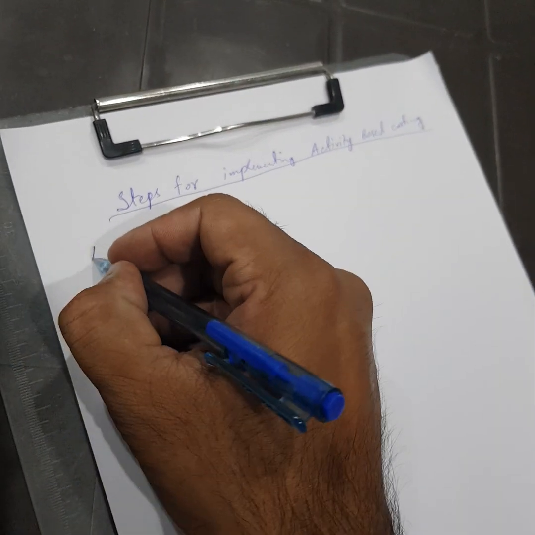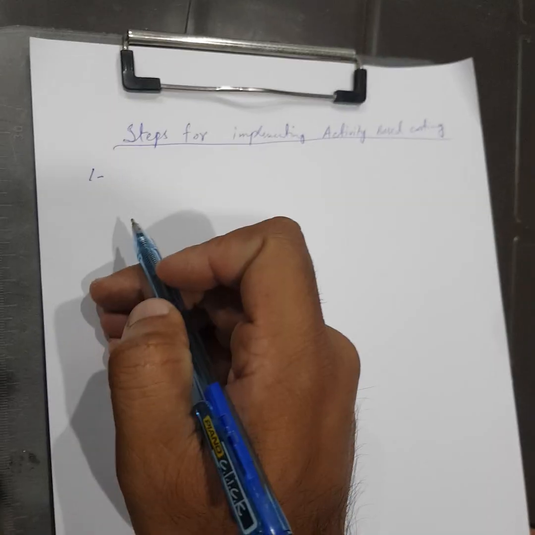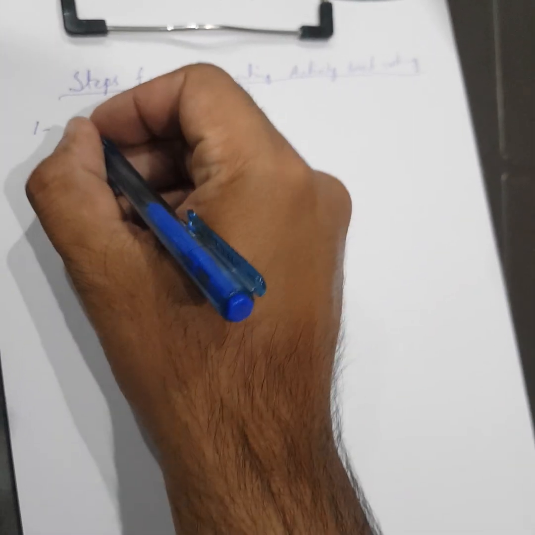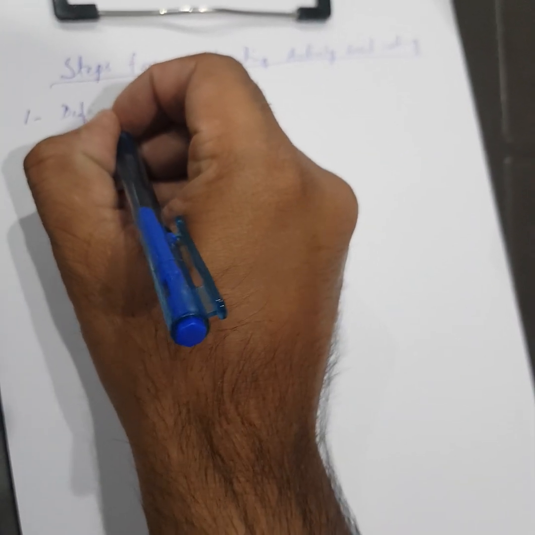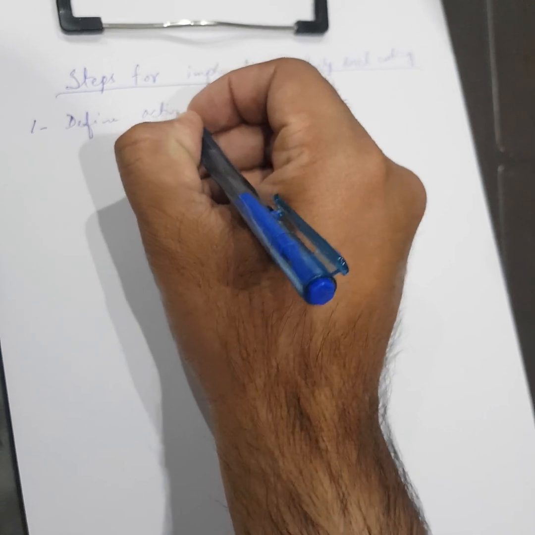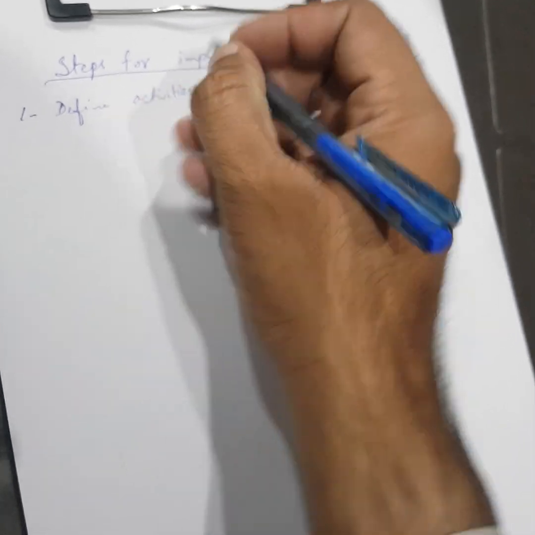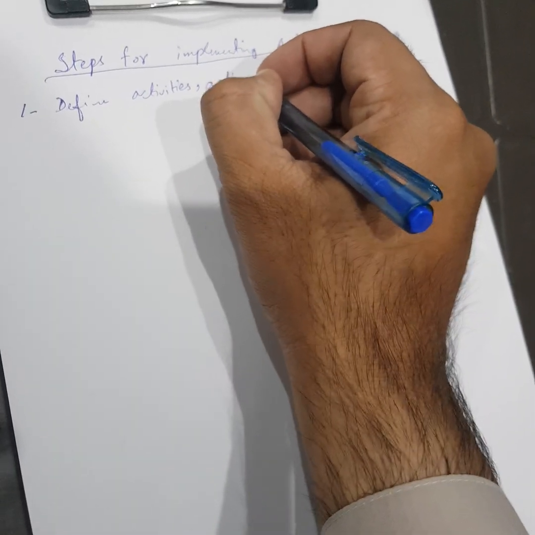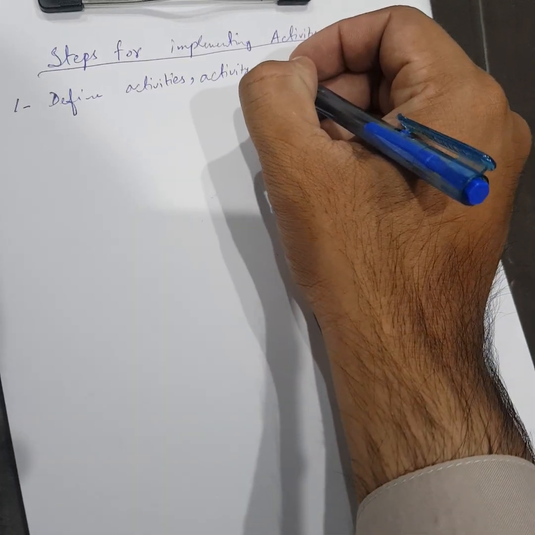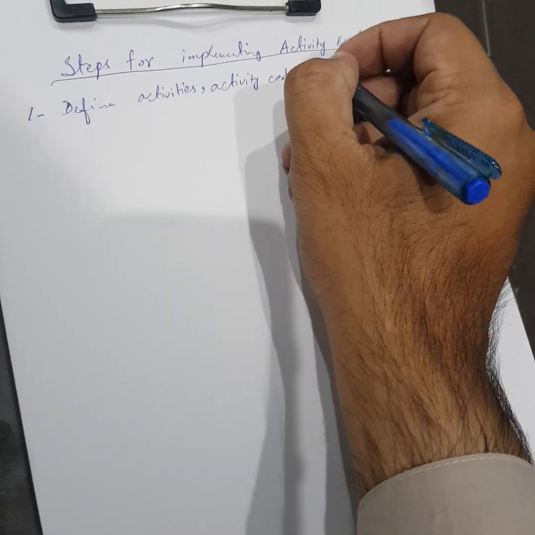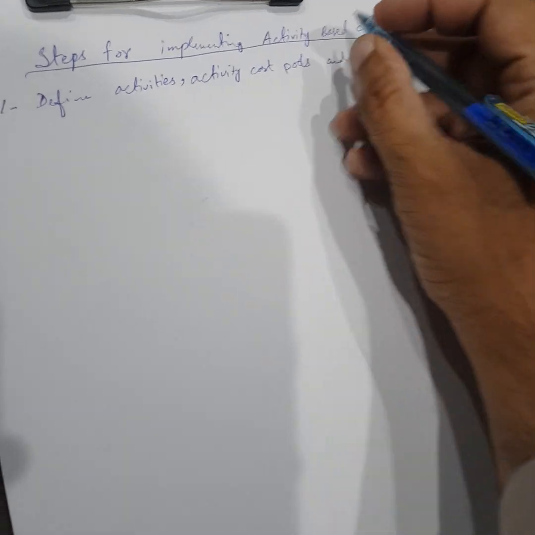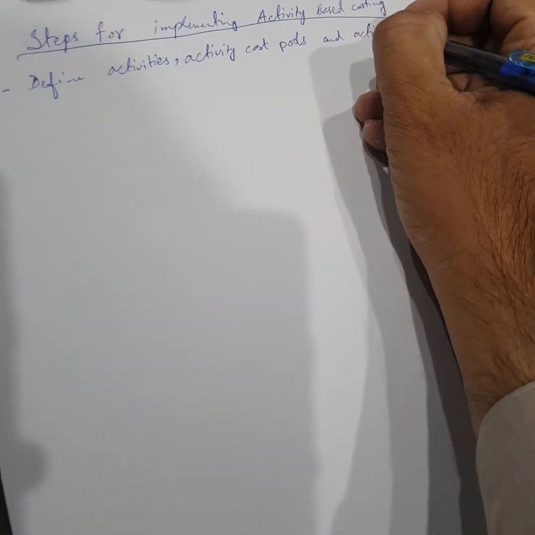The first step is to define activity cost pools and activity measures.